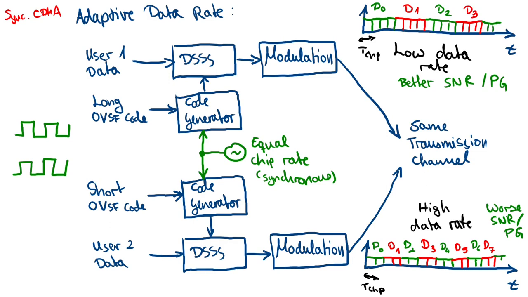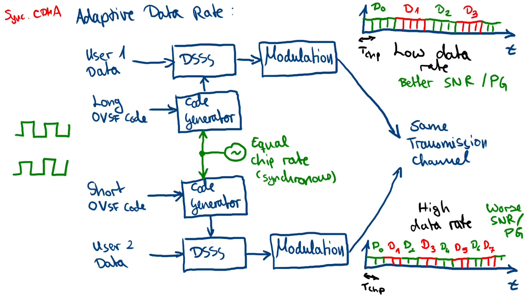And this is one reason why the data rate is dropped, and you can observe this with your cell phone. So if you are in remote places and you are very, very far away from the base station, then your data connection is quite bad. So you have a low data rate. If you want to load a web page, it loads very slowly.